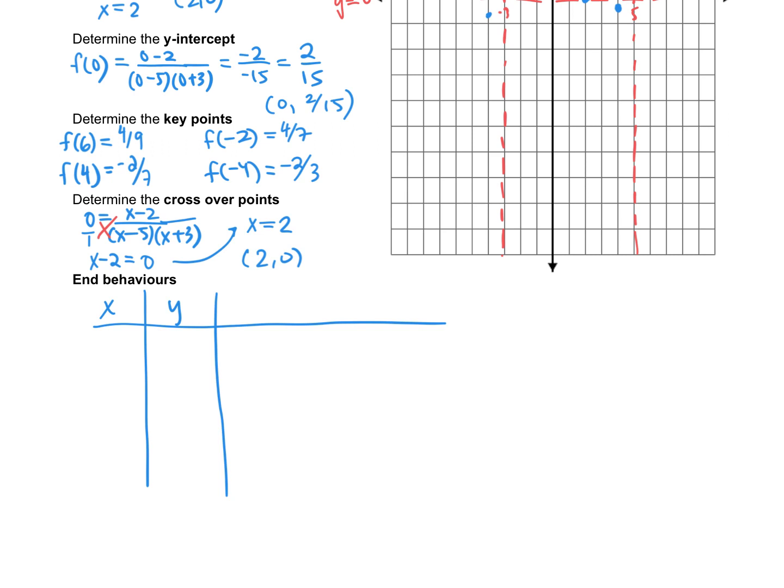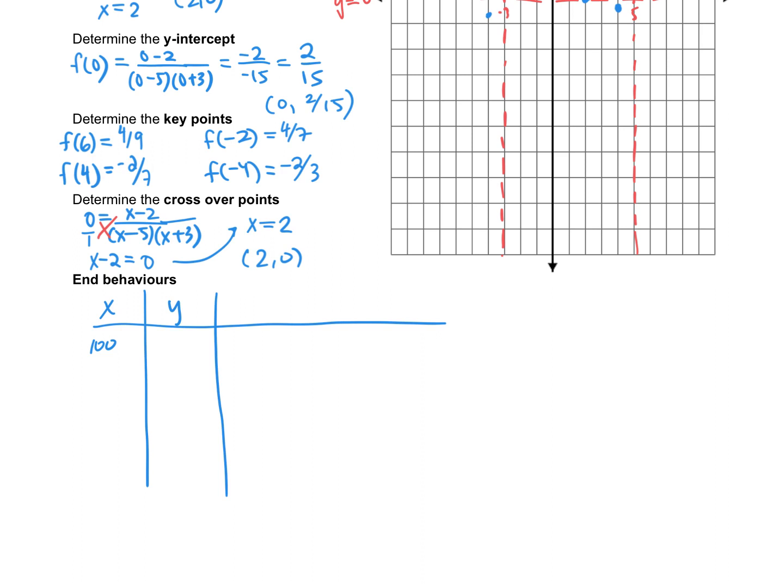And you're just going to pick a test value. So as I'm going towards infinity, I'm just going to put 100. It's a manageable number. I'm going to punch it in for x in my equation. So again, that would mean 100 minus 2 for the numerator, and then 100 minus 5 times 100 plus 3. Or I could have gone to the unfactored form as well.